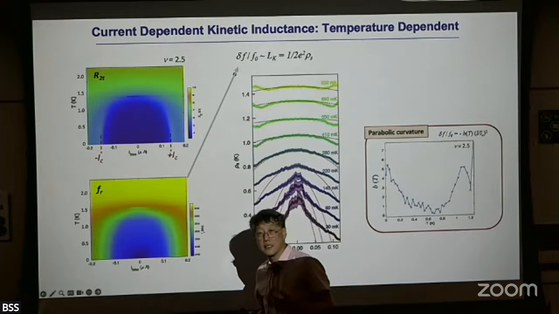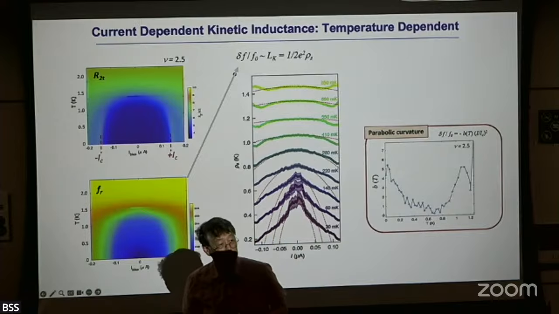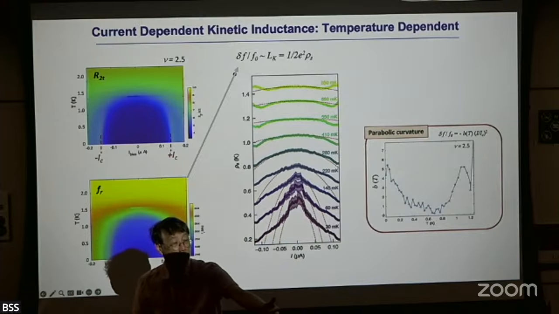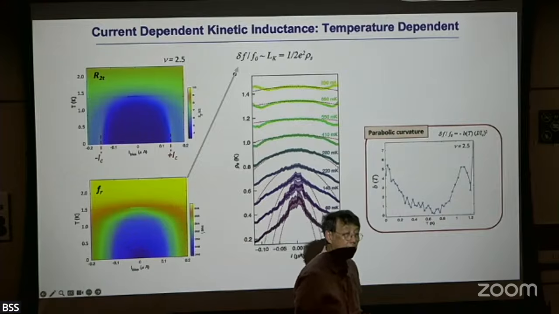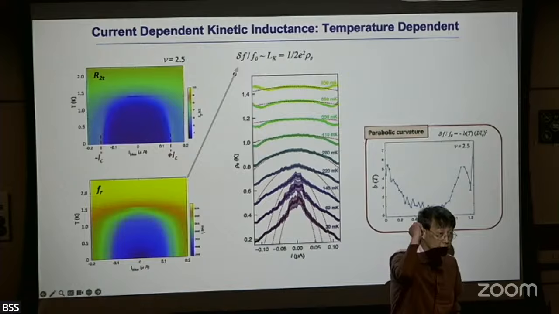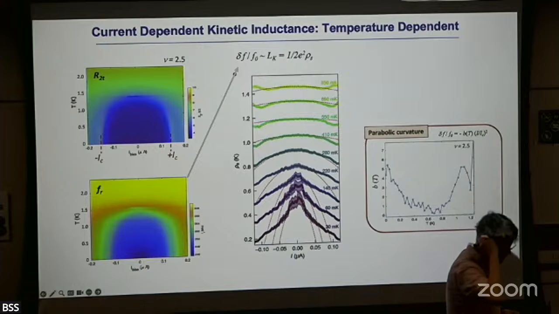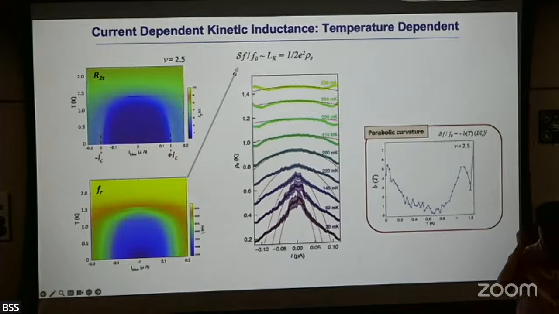This is quite a useful technique because, while I flow current and measure inductance, you can see the so-called nonlinear effect, which means that under current the superfluid stiffness changes.